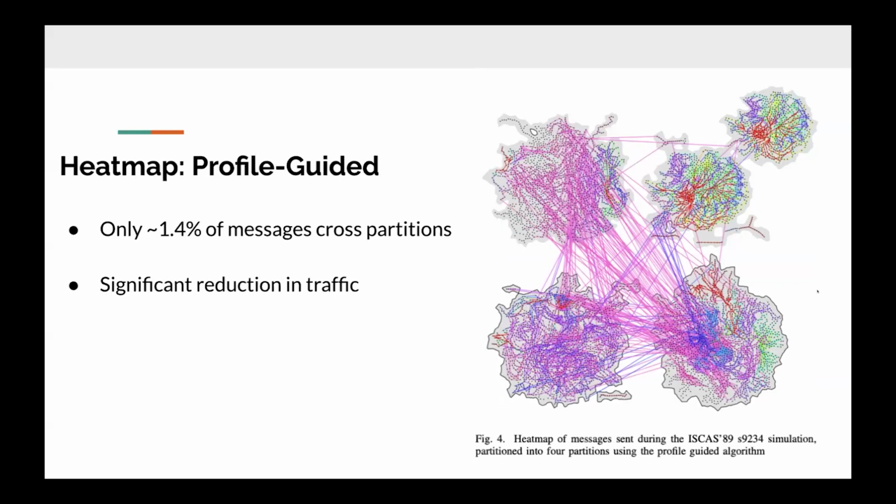This is a massive improvement in communication efficiency by simply changing the way we assign simulation objects to processors. Using profile guided data, we have eliminated most of the costly network communication that often occurs in a parallel simulation.